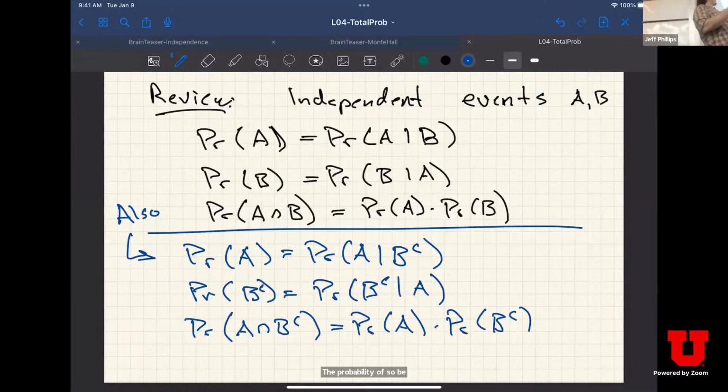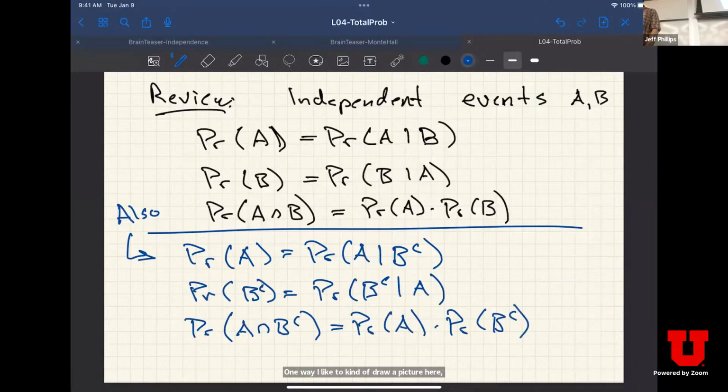Or I could even write similar things with A complement and B, or with A complement and B complement. That still says the events A and B are independent of each other. So I can use the complements as well. One way I like to think about this is to draw a picture.